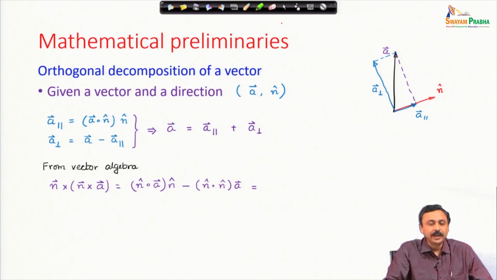So, n cross n cross A is n dot A times n cap minus n dot n times A vector. This is a fundamental result from vector algebra, and we have used this before. Therefore, this can be written as A dot n cap times n cap minus A vector.